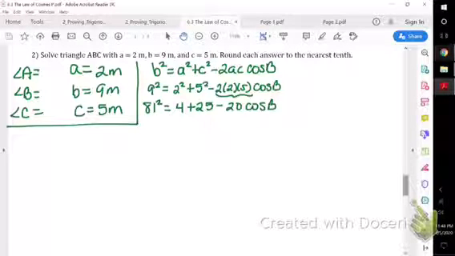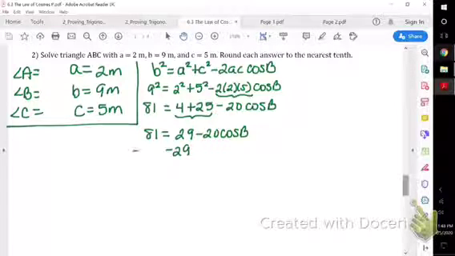Alright, so we're done with that. We should have 81 equals 4 plus 25 minus 20 cosine of B. I'm going to combine my like terms right there. Whoops, I did not catch that, it should not be 81 squared, so let me erase that little square. Sorry about that. Okay, so we got 81 equals 29 minus 20 cosine of B.